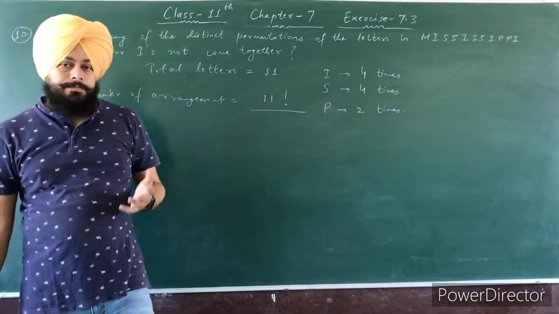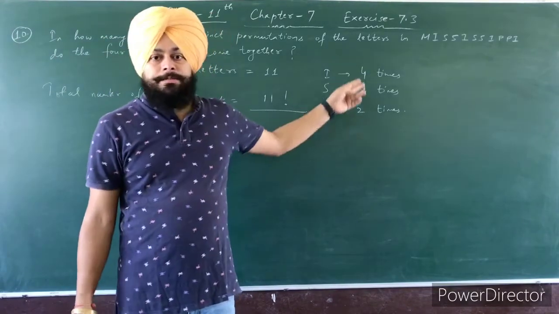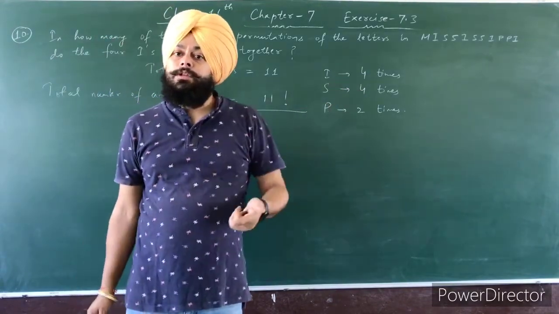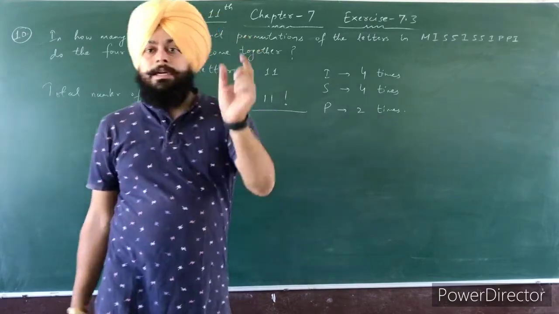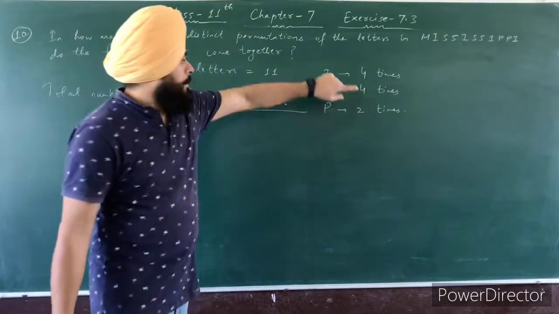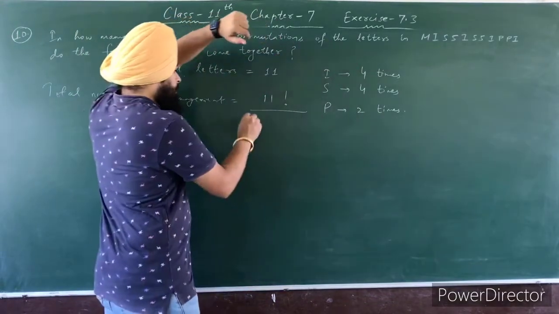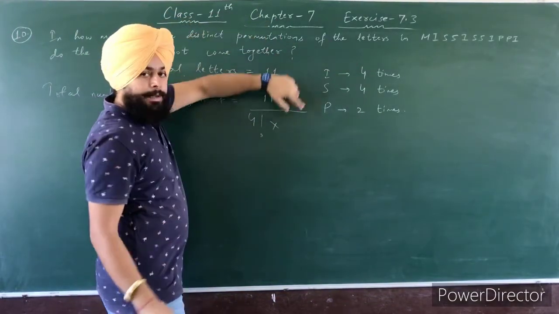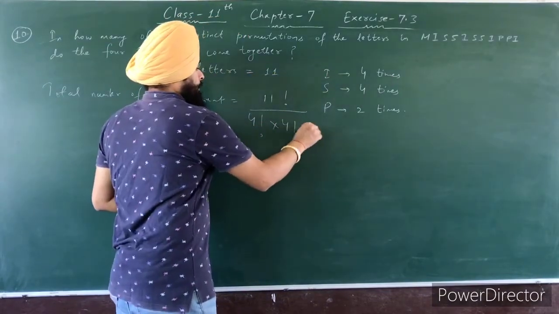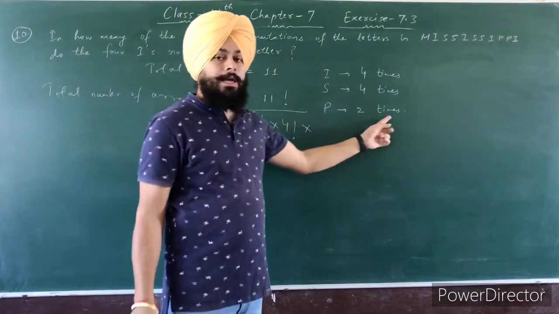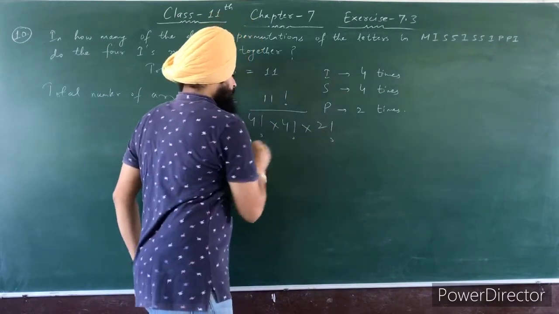Second step is you check which letters are repeated. The letters that are repeated, you divide by the factorial of the number of times they repeat. So I comes 4 times, so divided by 4 factorial, multiply. S comes 4 times, again divided by 4 factorial. Next P comes 2 times, divided by 2 factorial.